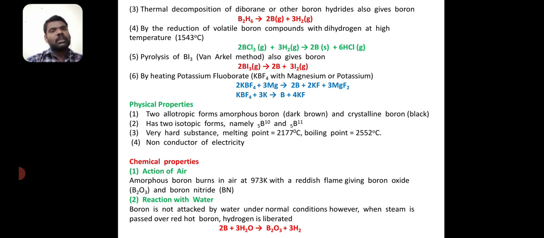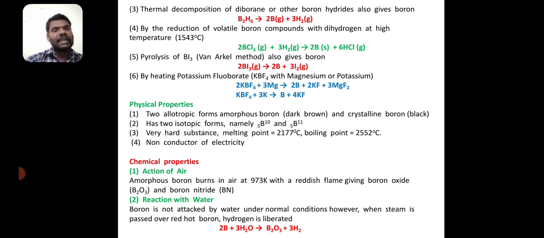Another method is the thermal decomposition of diborane or other boron hydrides, which gives boron. That is, B2H6, diborane, heated gives boron and H2. Another method is the reduction of volatile boron compounds by dihydrogen at 1543 degrees Celsius. Boron halides treated with hydrogen give boron and HCl.